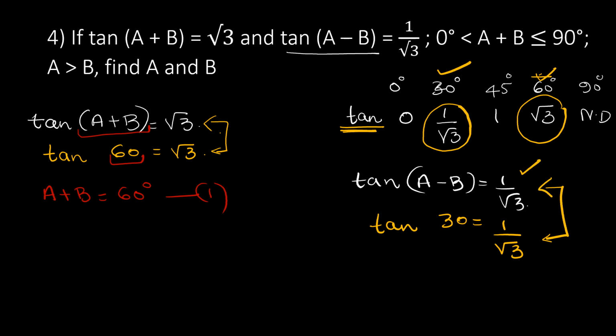This is already given in the question, and this we found out from the table. So tan of A minus B equal to 1 by root 3, tan 30 equal to 1 by root 3. That means A minus B equal to 30 degree. Now we got two equations, and we will solve these two equations to find A and B.